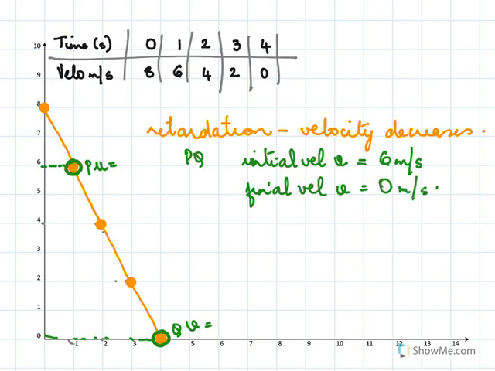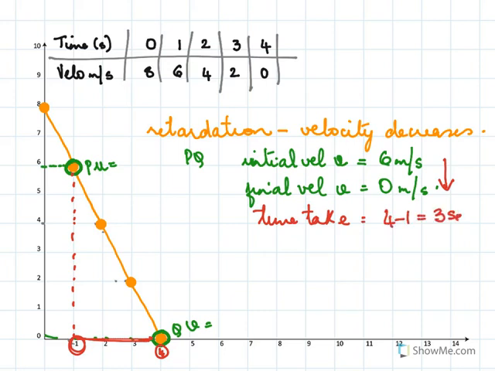And what is the time taken for this whole process? At P the time is 1, and at Q the time is 4. So the time taken for the velocity to go from 6 to 0 is 4 minus 1, that is 3 seconds.